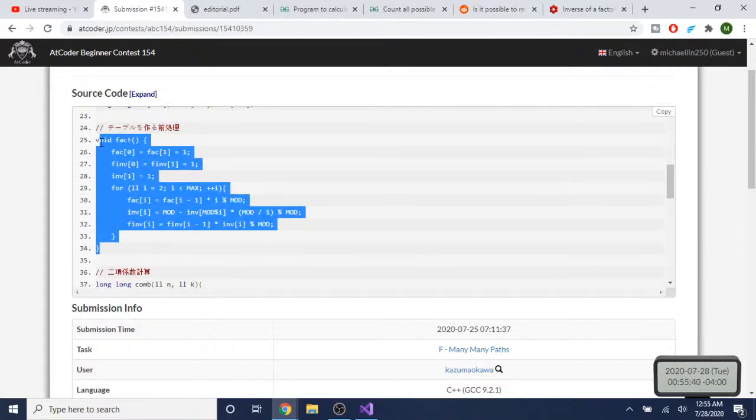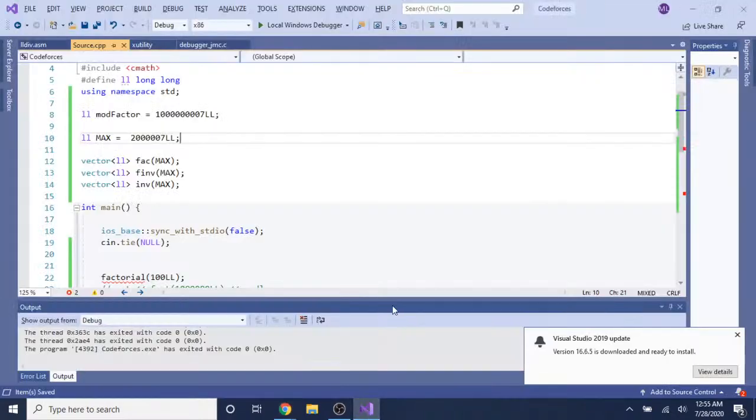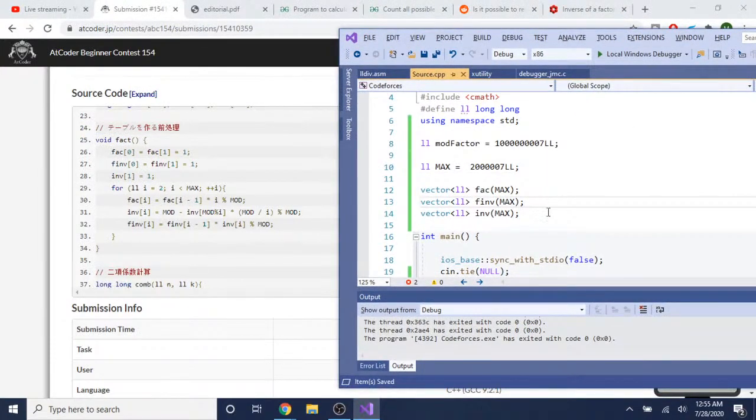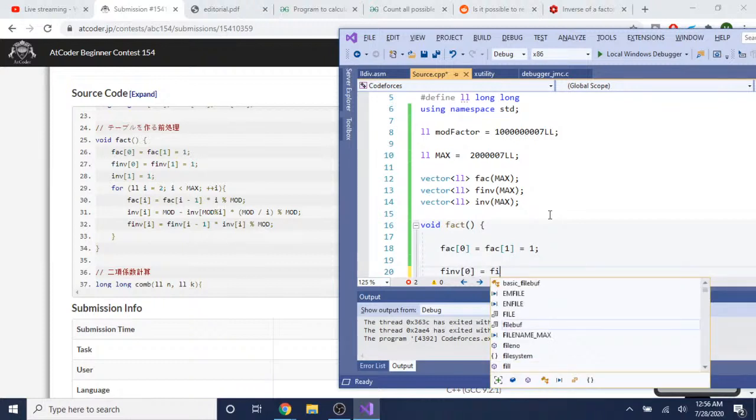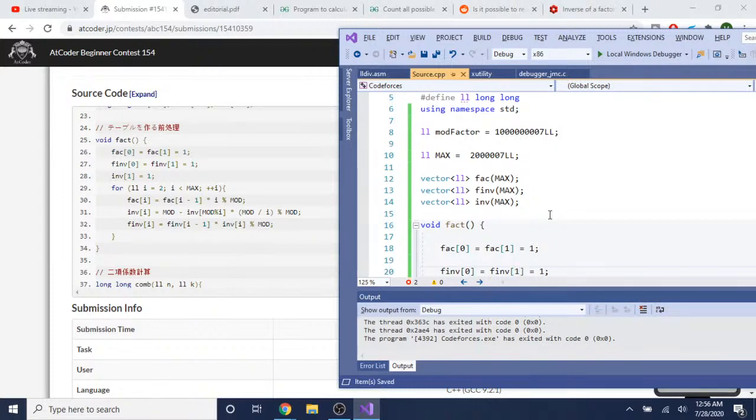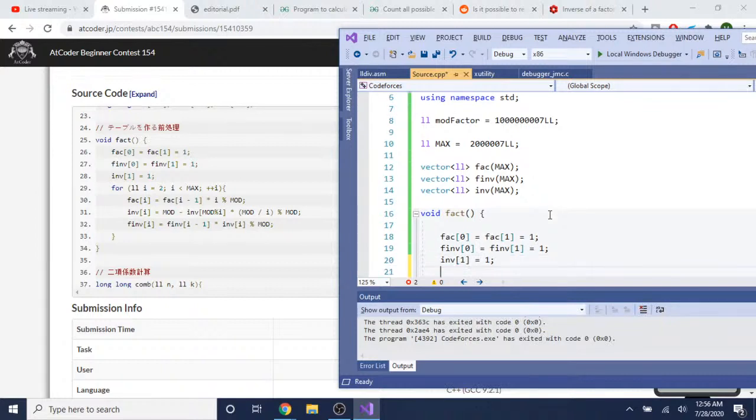All right, let's use this function to calculate factorial inverse. Let's actually code it up so we actually remember how they did this. So, Japanese people, you are genius. You are very, very smart. Okay, so factorial 0 is going to equal factorial of 1, which equals 1. Okay. Factorial inverse 0 is going to equal the factorial inverse of 1, which is equal to 1. Okay. Inverse of 1 is going to equal 1.